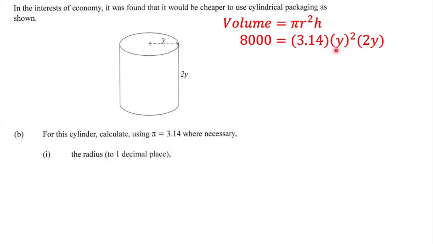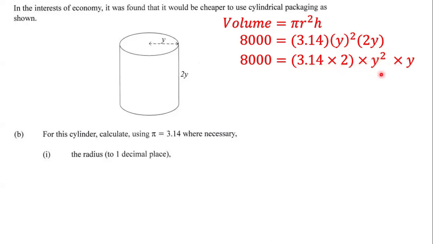The first thing we're going to do is bring all of our like terms together. So we say 3.14 multiplied by 2, that's the numbers, and we bring the y's together.